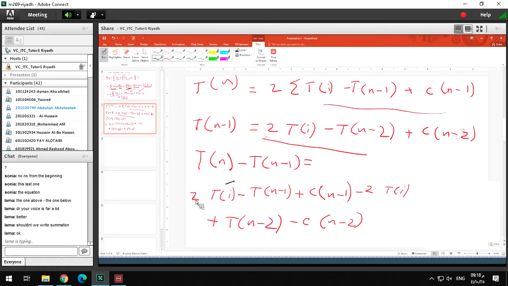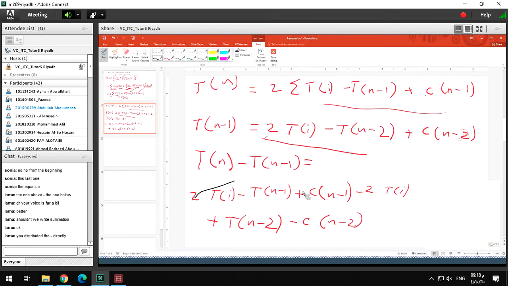I can take out these two with these two because they are minus. Yes, because minus with minus becomes plus. Here it's minus, right?